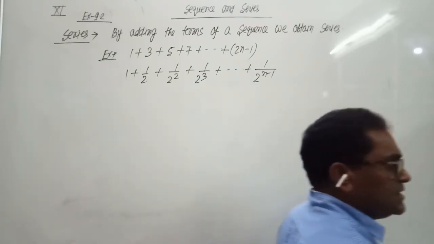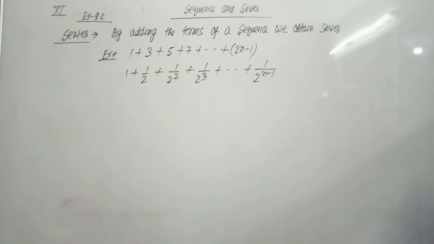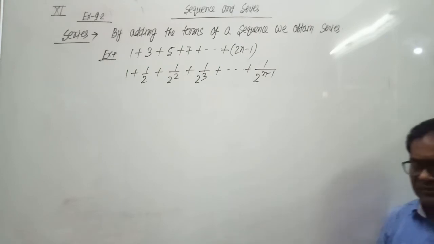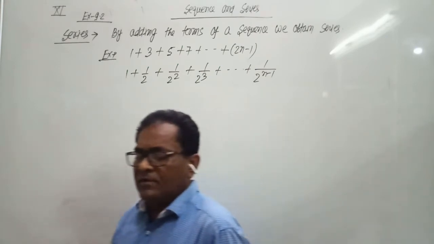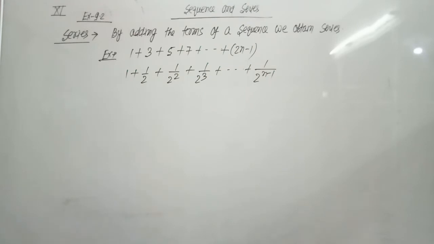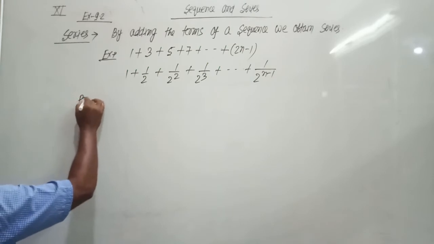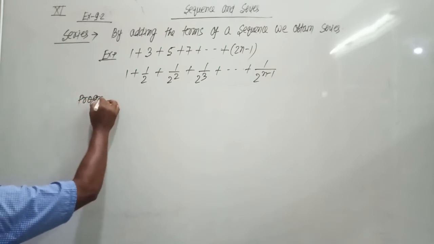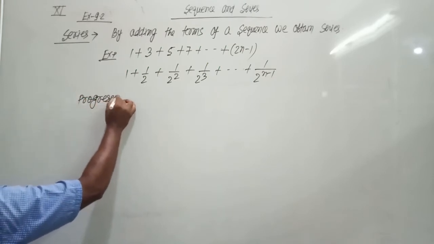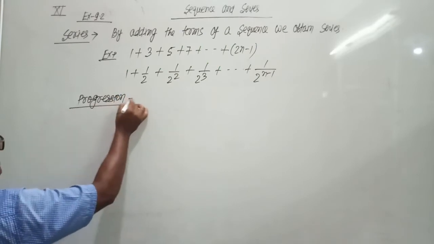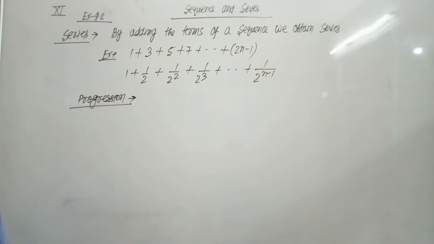In this chapter, we have to study two types of series. One is arithmetic progression and another is geometric progression. So we know about the meaning of progression. The definition of progression is a sequence following a certain pattern.